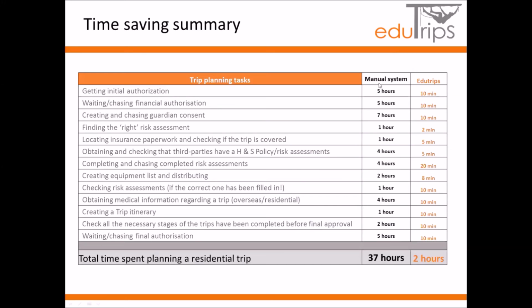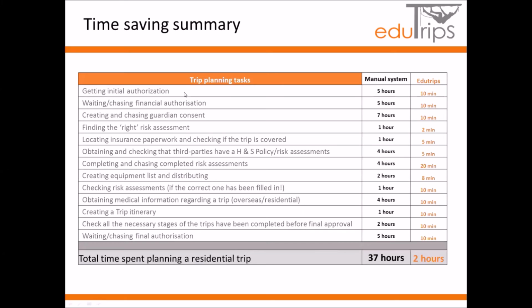This column here represents the estimated time from a manual-based system that you may be using at the moment when organising a residential trip. This then compares to using the EduTrips system and the amount of time spent when organising a residential trip. So these are typical time-consuming elements of planning the trip.